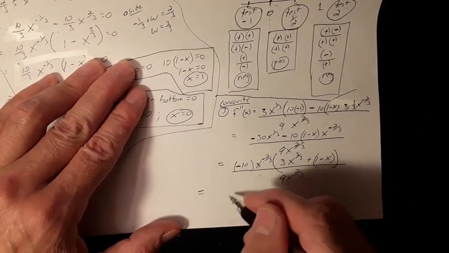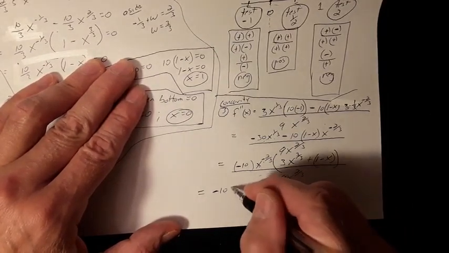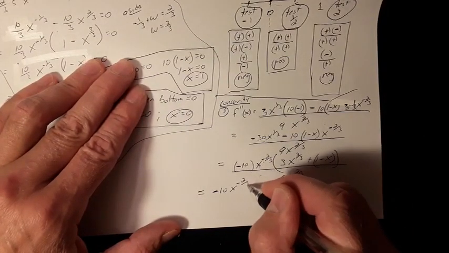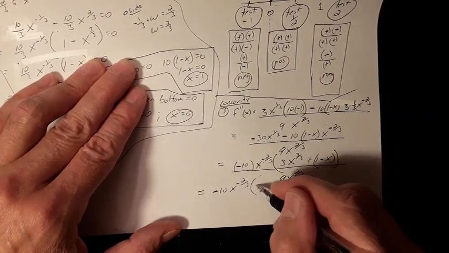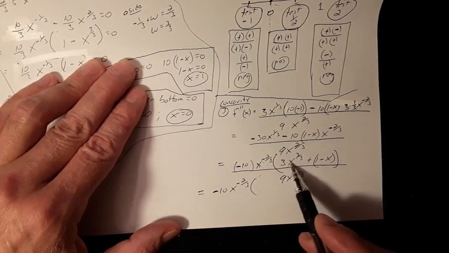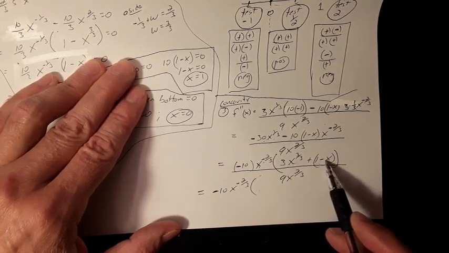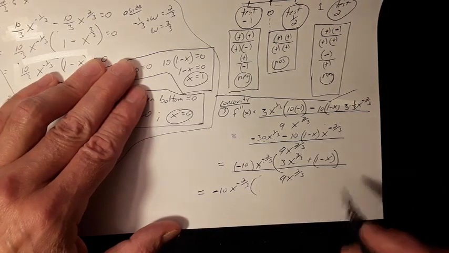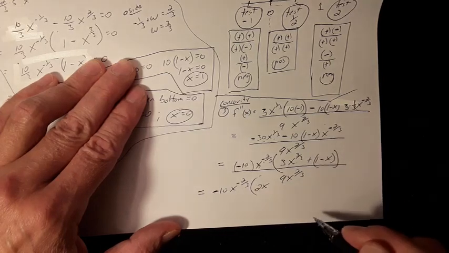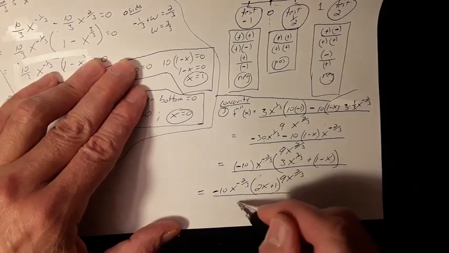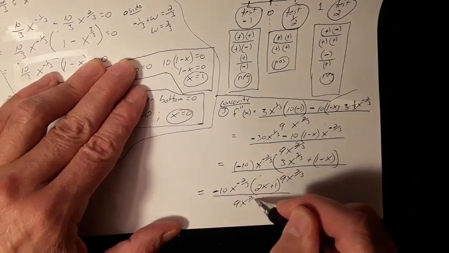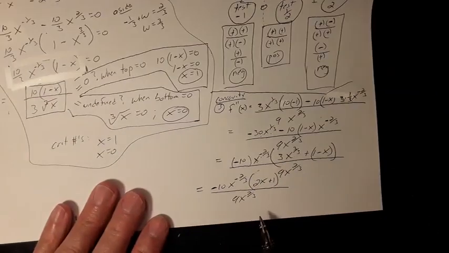We've got a negative 10 x to the negative 2/3 times 3x to the 3/3, otherwise known as 3x. See how we got a 3x minus x? Well, 3x minus 1x is 2x, so we really just have a 2x there, plus 1. And it's over 9x to the 2/3. So now this thing is factored, we can play with it.